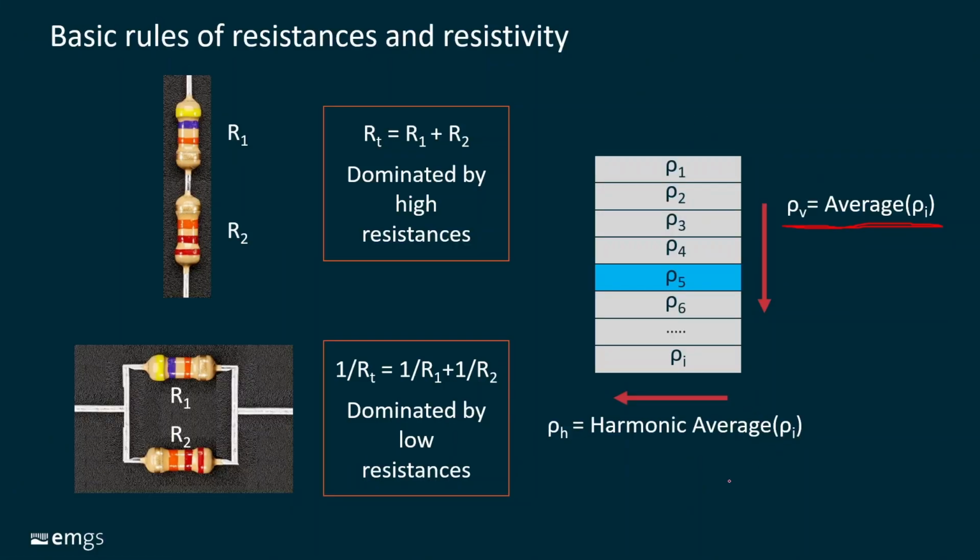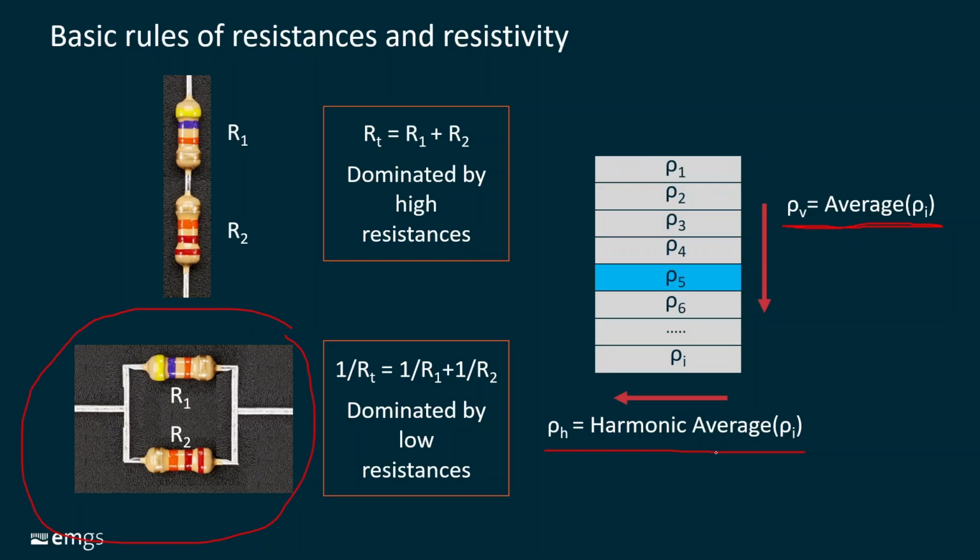Now, if you try to flow a current parallel to the layering, this is similar to this case out here, and instead of calculating the arithmetic average, you have to calculate the harmonic average, which is of course driven by the low value of resistivity.